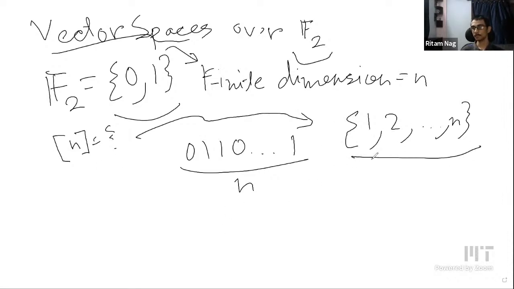Subsets of 1 to n correspond to binary strings of length n, because for each element you can either have the element in the subset or not. If you have the element, you put a 1 there. If you don't have it, you put a 0. So subsets of 1 to n correspond to binary strings of length n.